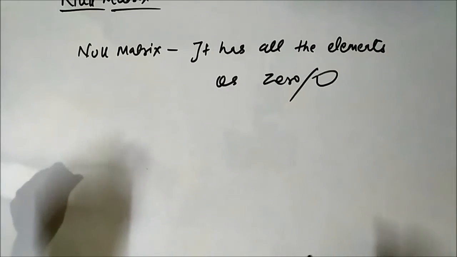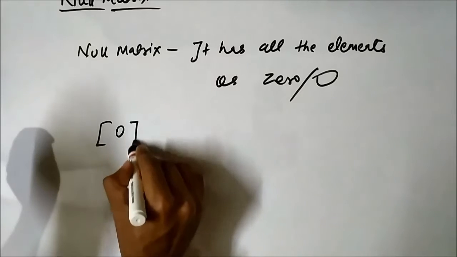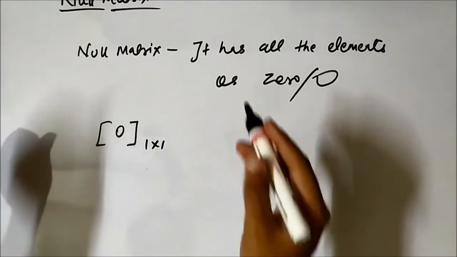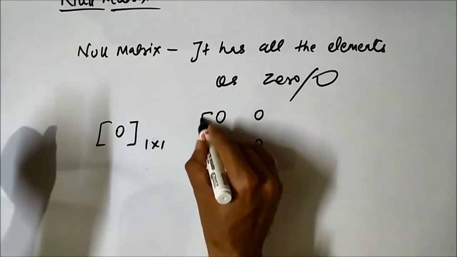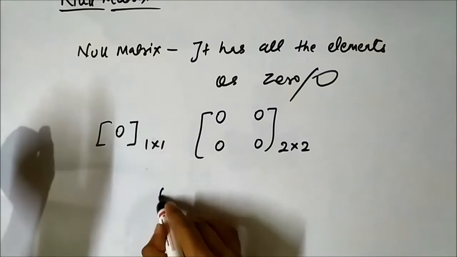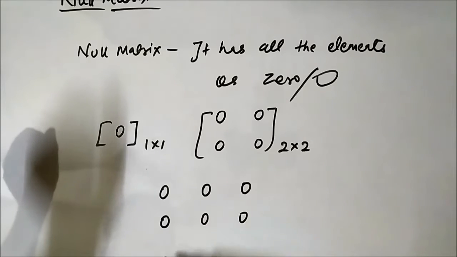For example, the simplest null matrix is this. This is a 1 cross 1 null matrix. Similarly, we can have a 2 cross 2 null matrix. Similarly, we can have a 3 cross 3 null matrix. See, all the elements are 0.